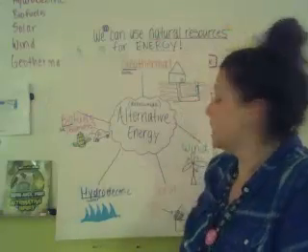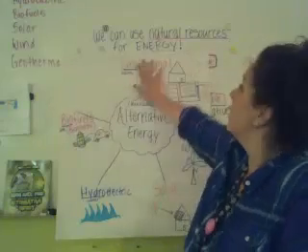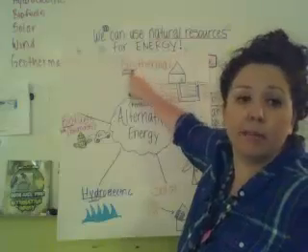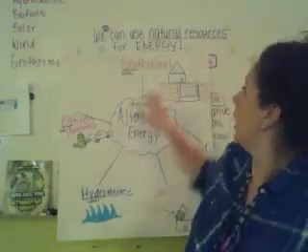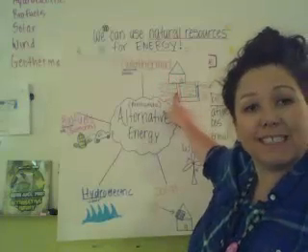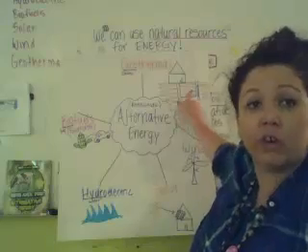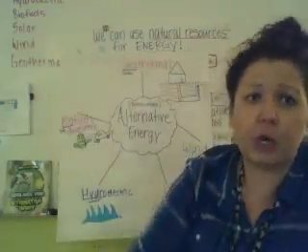So we've talked about solar, we've talked about hydroelectric, we've talked about biofuels. Let's look at geothermal. Geo, remember, means earth, and you all know thermal means heat. Geothermal energy is energy that we get from deep, deep in the earth's core or crust. Way under the ground.